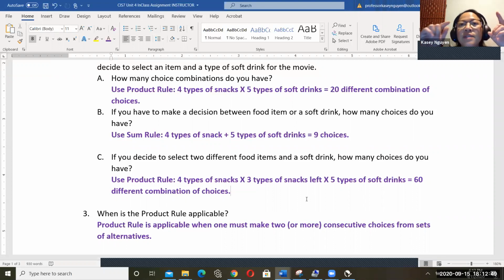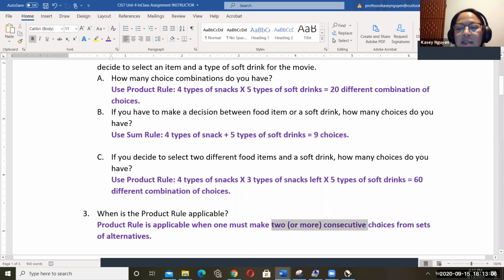So we reduce that by 1, so we multiply it by 3. That gives us the snack, and then multiply it by 5 for the options for the drinks. So when we make 2 or more consecutive choices, we use the product rule. In the sum rule, you would make 1 choice from the alternative sets.